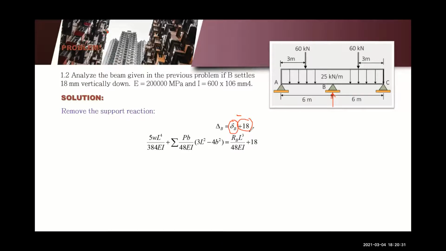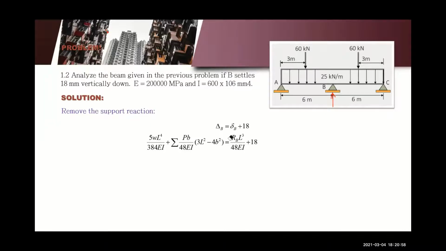So, di ba, yung general equation, we have delta B is equal to, ganito dapat yan. So, transferring yung 18, this should be negative. Correction. So, yan. This should be negative.